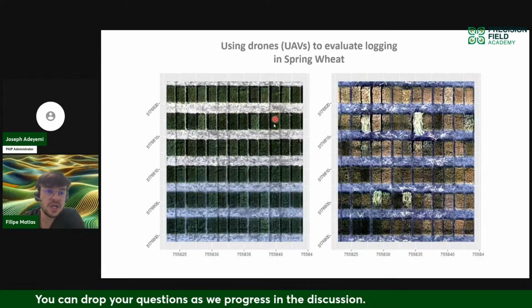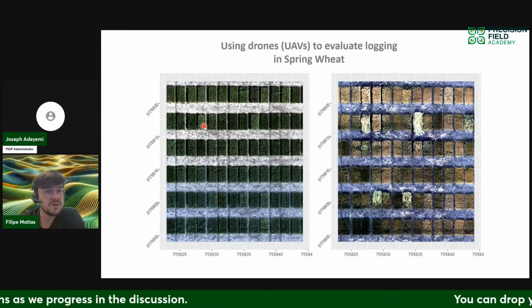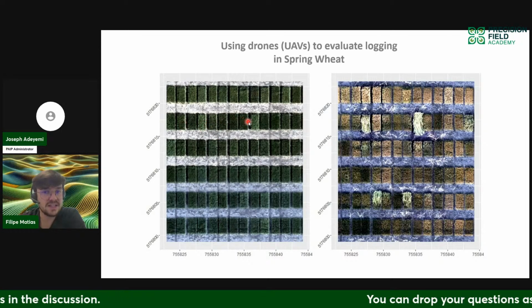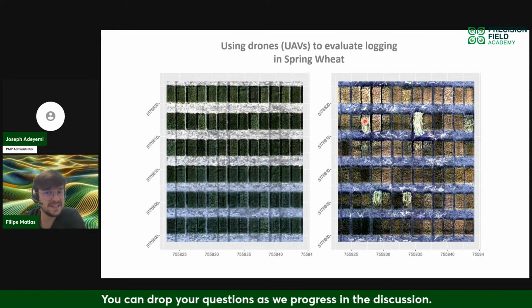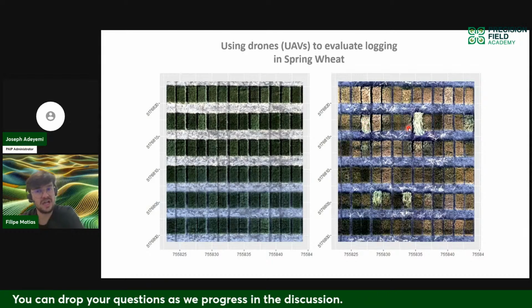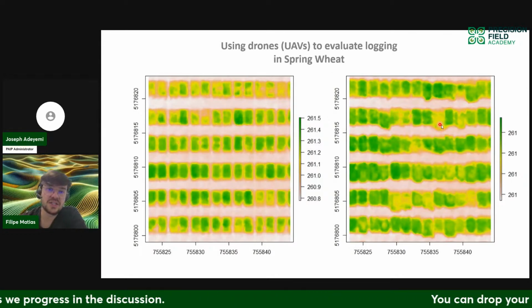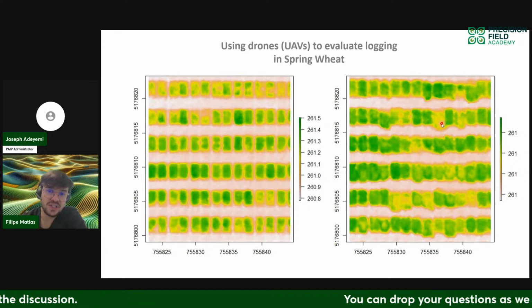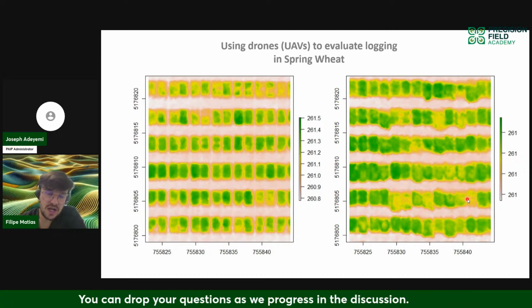For example, here we have all plants green and straight, standing in the right way. And then after some time, we have a very windy day, and many of those genotypes suffer lodging. That's quite clear when we are using the digital surface model. It's very easy to see the plants that lodged along the way.